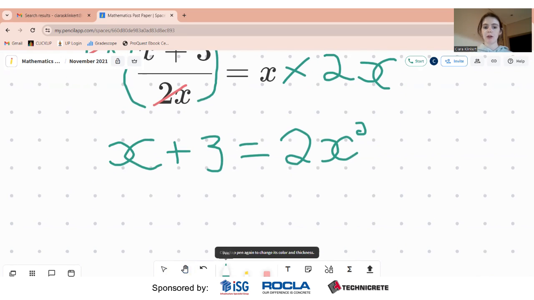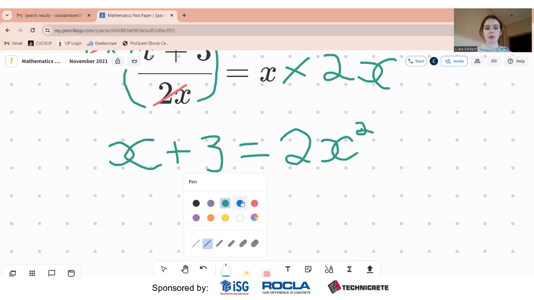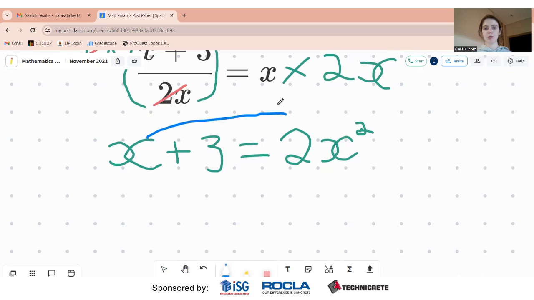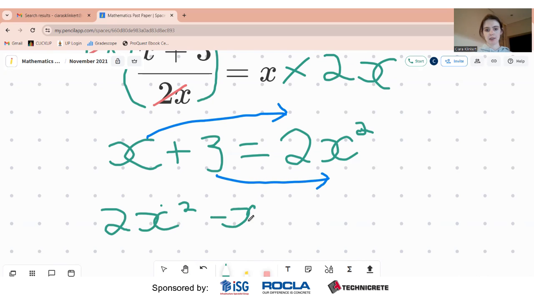My first step of solving a quadratic equation is the rule of 0. I must have one side of the equation equal to 0. So let me bring these terms over. Immediately, I see that we have 2x squared minus x plus 3 is equal to 0.